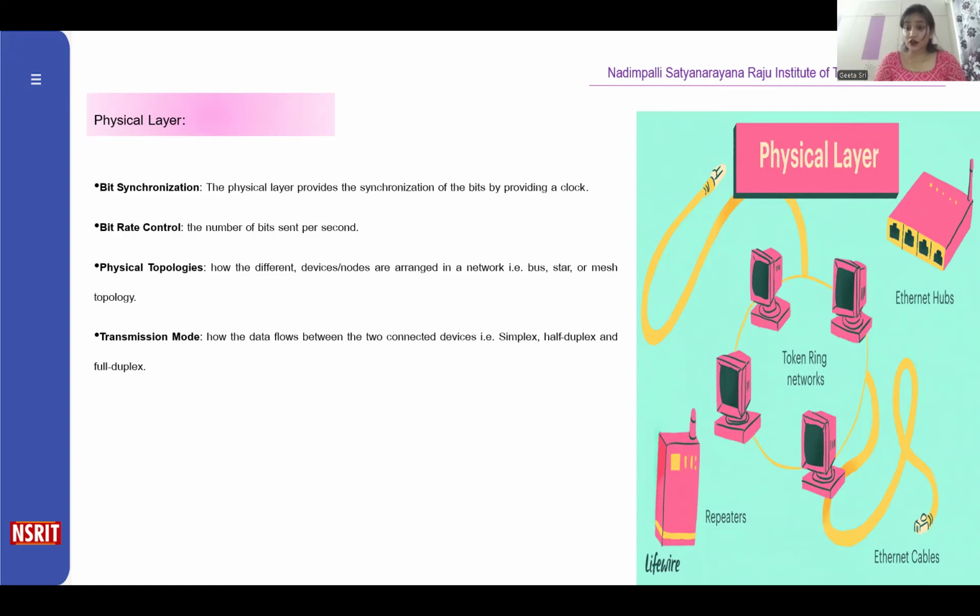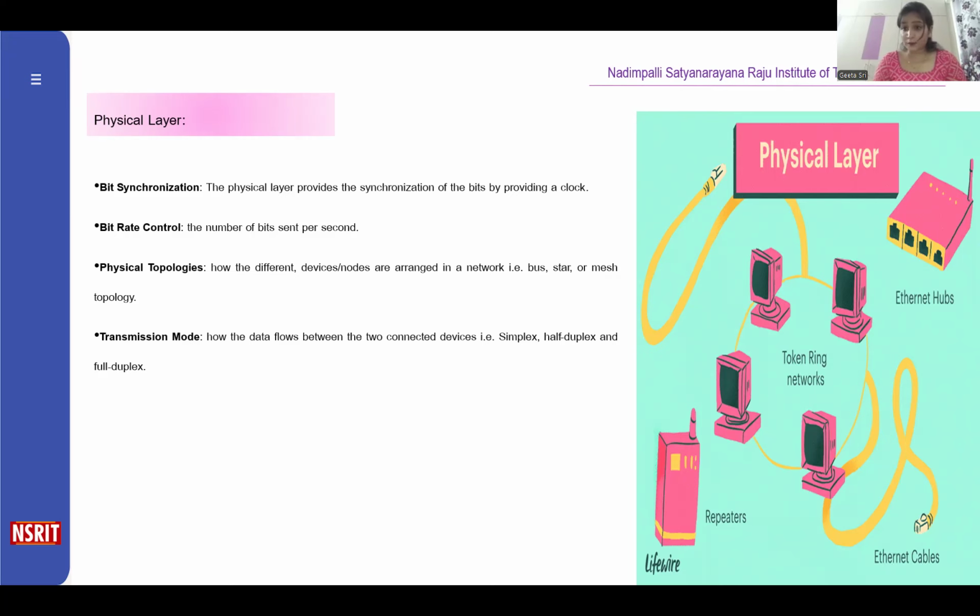Physical topologies: I already said the physical layer deals with the physical connection of the computers present in any network. So this mainly deals with how different devices or nodes are arranged in a network. Topology is nothing but how the computers or systems will be connected in a network.